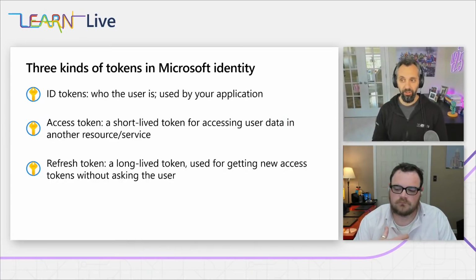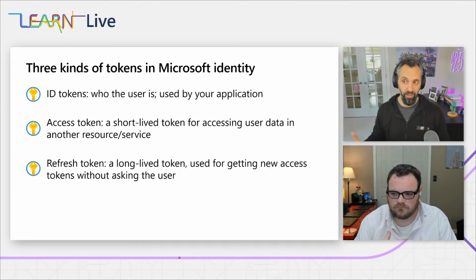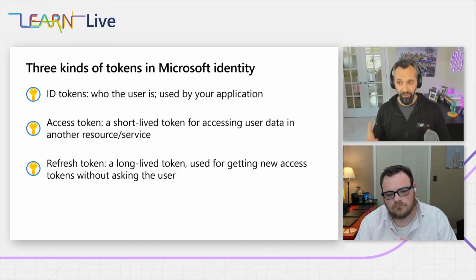Or you can acquire an access token to call your API, or to call one of the other APIs via Microsoft Graph, like SharePoint or OneDrive, and interact with all these things. But you need to somehow authenticate. And if you're building APIs, it's very important to not only secure the front end, but also secure the back end, because you don't want anyone calling your API if they discover that endpoint.